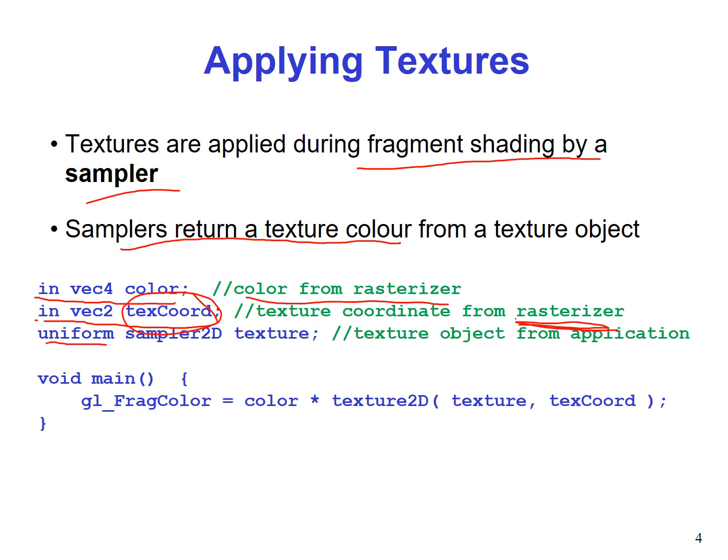Then we have a uniform variable of type sampler2D, texture, and remember this uniform variable is coming from the program application. It is not coming from the vertex shader. For this particular case, we can calculate the fragment color as a product of color, which is the color of the 3D object, multiplied by the texture value.